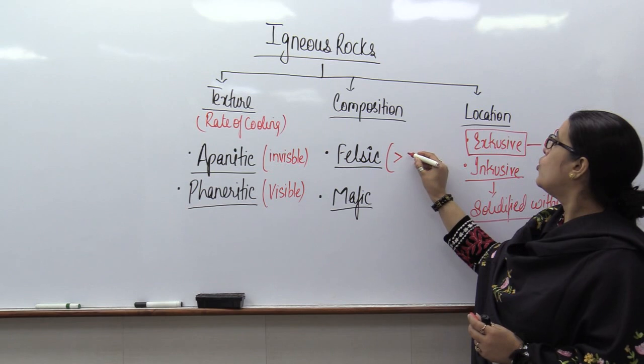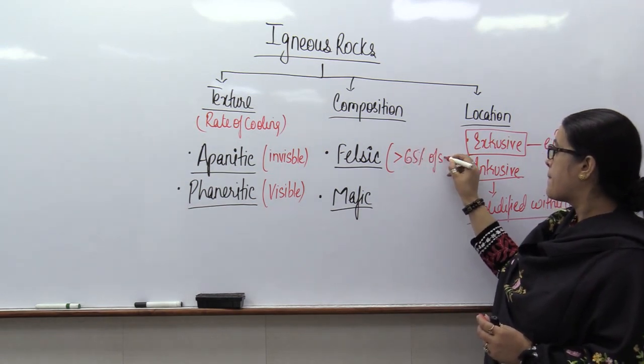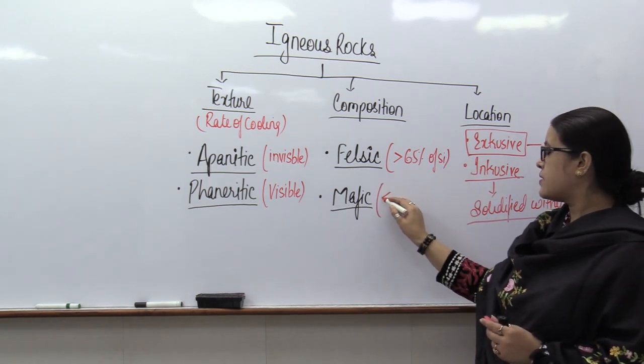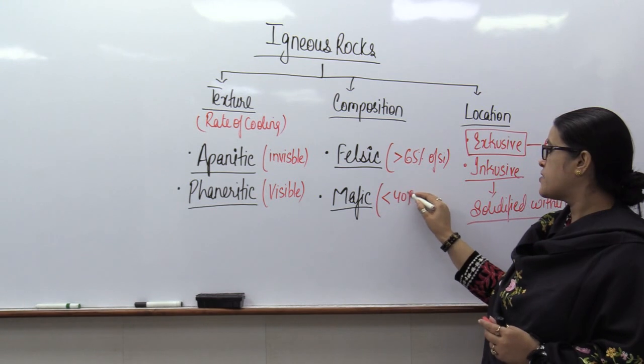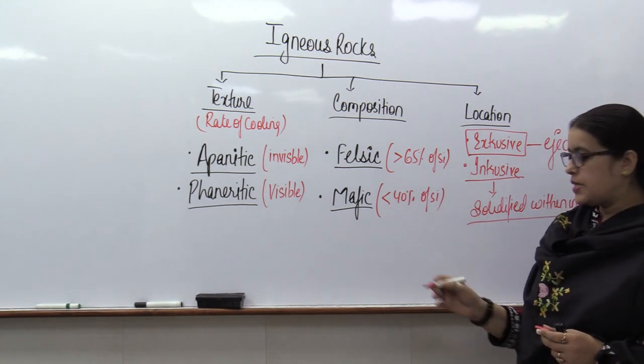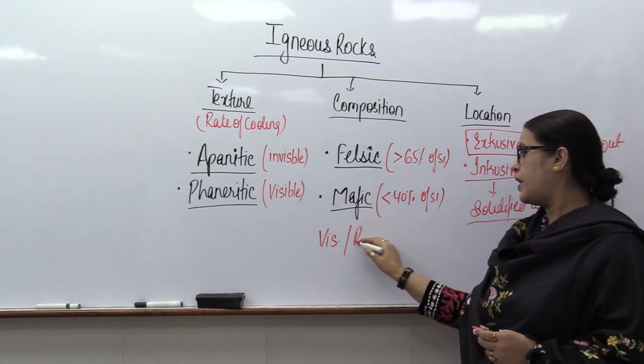They have got more than 60-65% of silica. And what will be mafic rock? That has got less than 40-45% of silica. Silica tends to determine viscosity of magma, thus its rate of cooling.